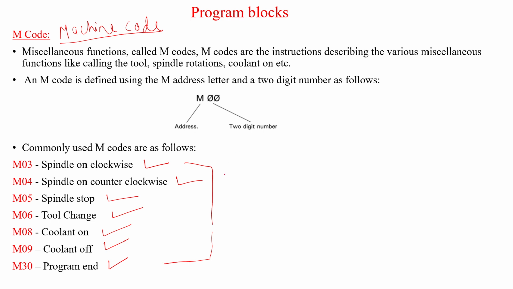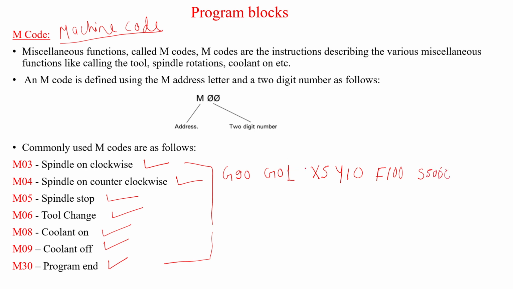For example, first you are applying the G code, right? For example, G90, and then you are using linear interpolation G01, then X5, Y10, then some feed, for example feed 100, then some S, S 5000, right?